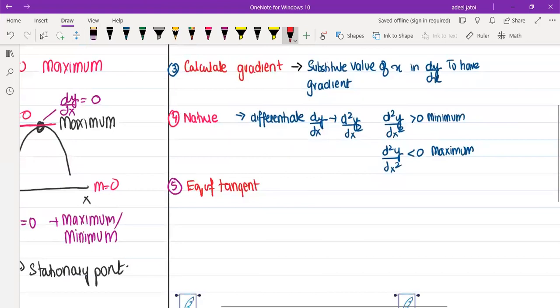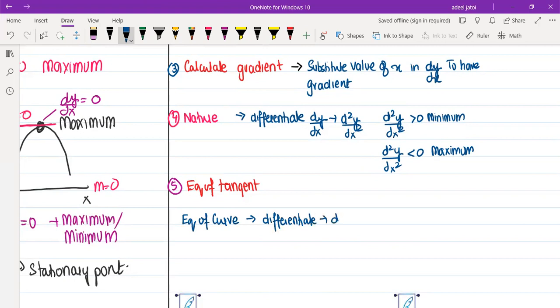So if in the question the equation of curve is given, differentiate to get dy upon dx, substitute the value of x to get the gradient.